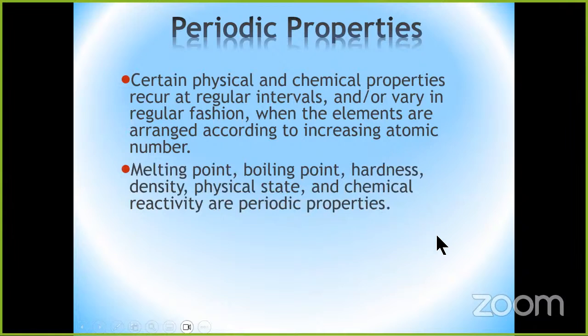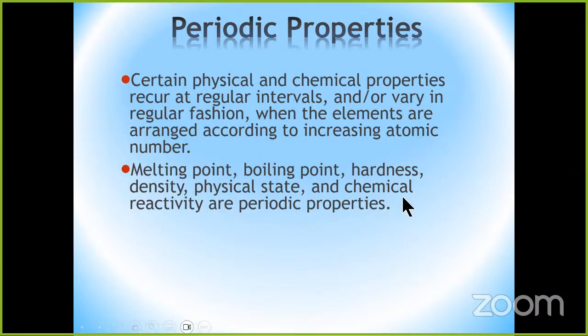And when we're talking about properties, we're talking about things like melting points and boiling points and hardness and even chemical reactivity in terms of different groups. So for example, elements in group 1, they tend to behave chemically the same way. They tend to react with oxygens to form oxides, and they tend to react with water to form basic solutions and so on.